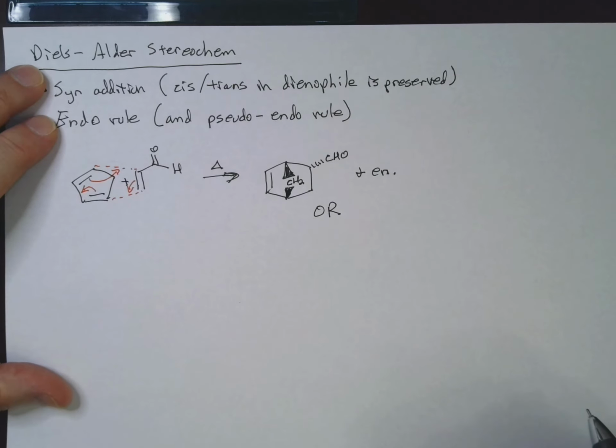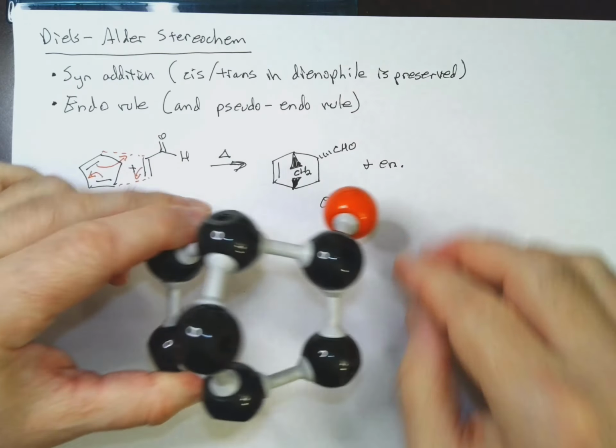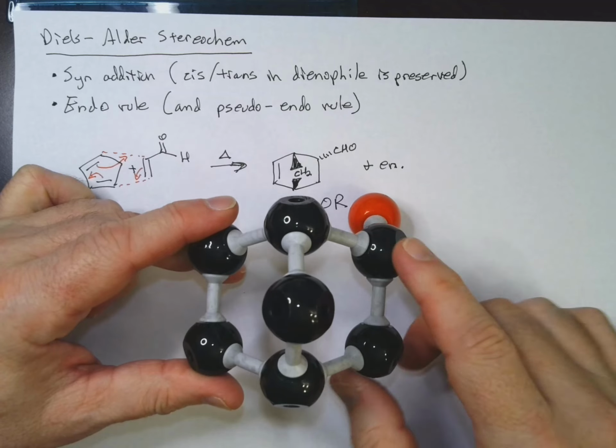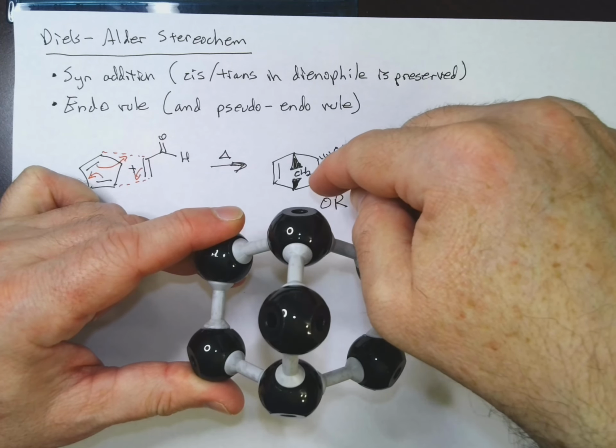Or I could draw it a different way. So basically this is what it's going to look like. So I'm looking at it like this. So six-membered ring, this guy's coming out towards us. That's the CH2 in the middle.